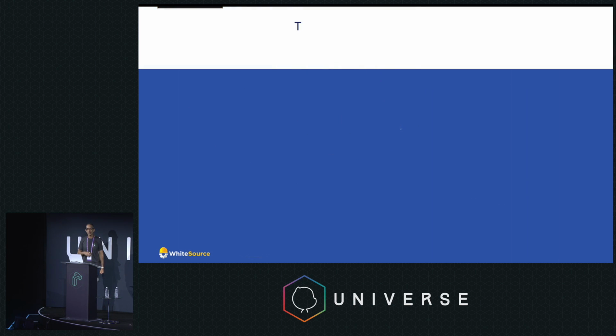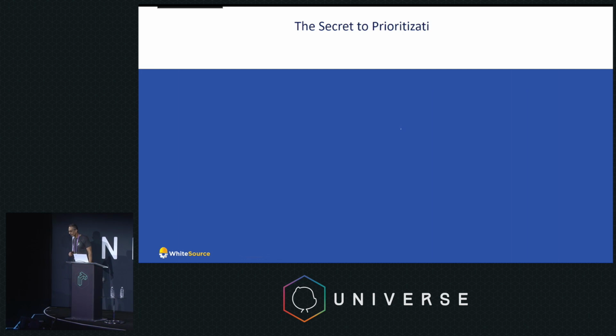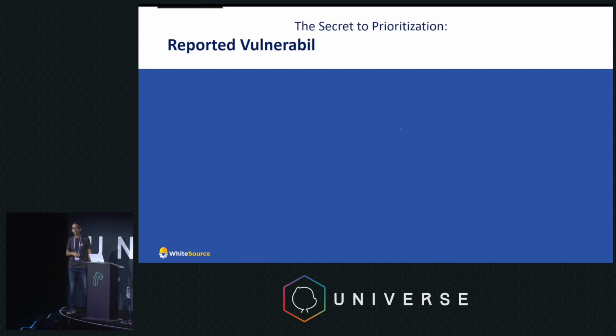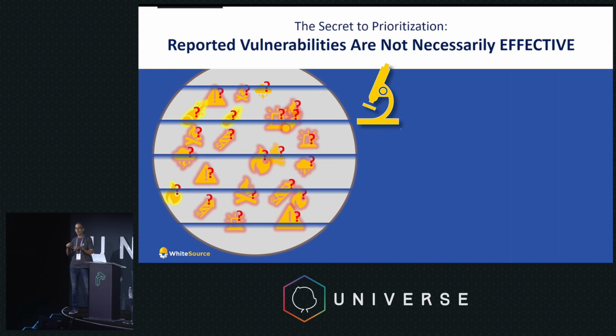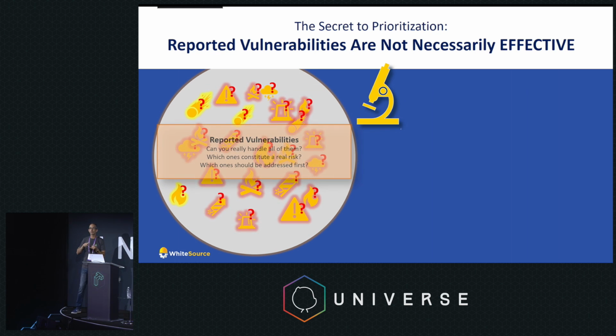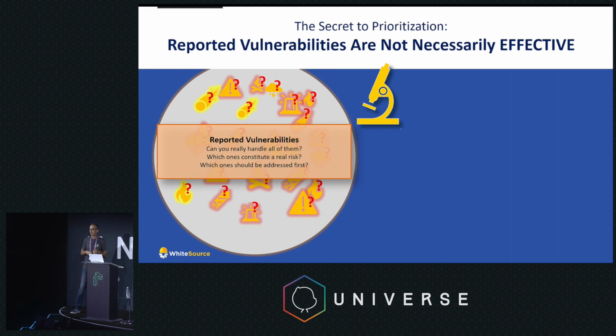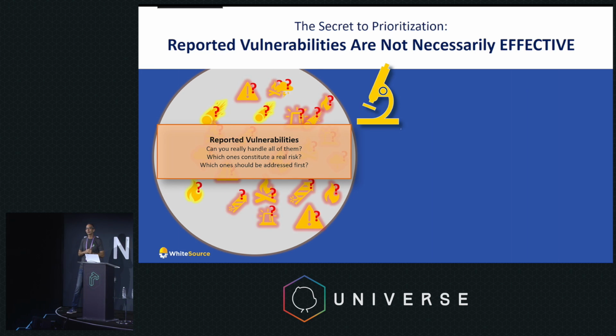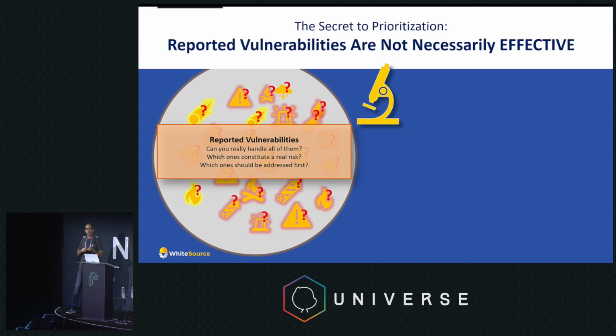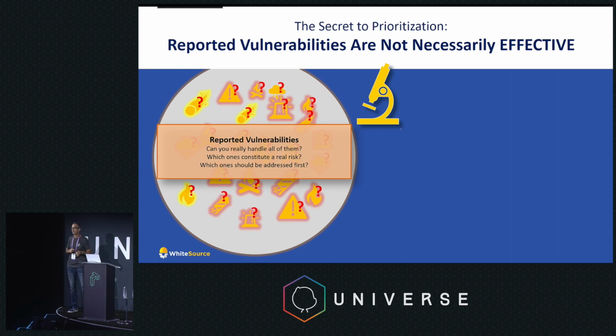So let's talk about prioritization. A quick question here, again, audience. When you have an open source component like Apache Struts or Spring, and the new vulnerability comes up, any idea how many of these vulnerabilities are actually being called by your own proprietary code?